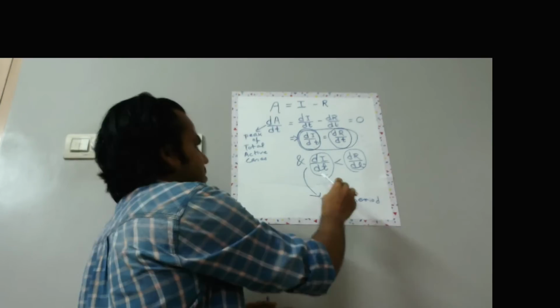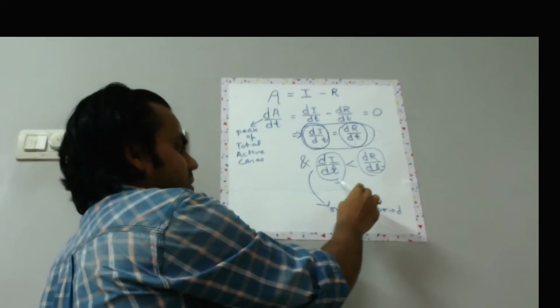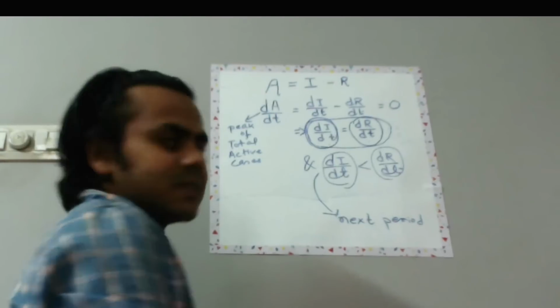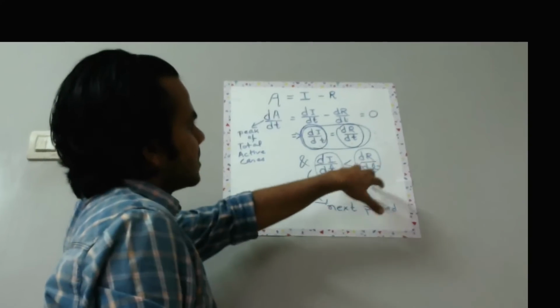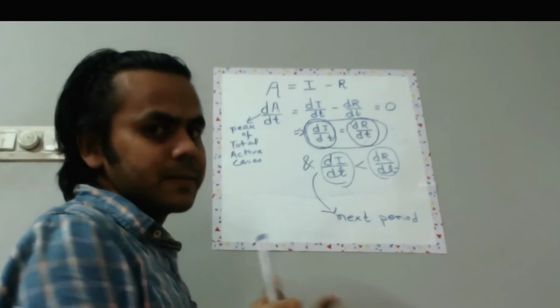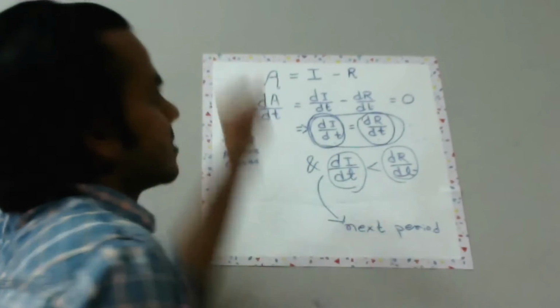To rephrase that, the rate of increase in total infection should be less than the rate of recoveries in the next period. Now, let's understand this thing graphically by taking A as the example.